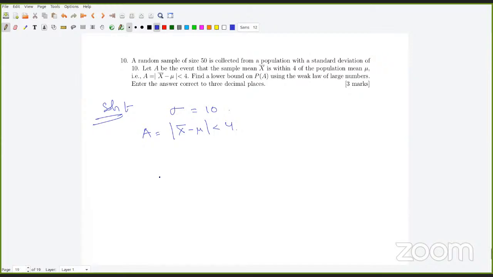Now what we want is to find a lower bound on the probability of this event A using the weak law of large numbers. So what is the weak law of large numbers?